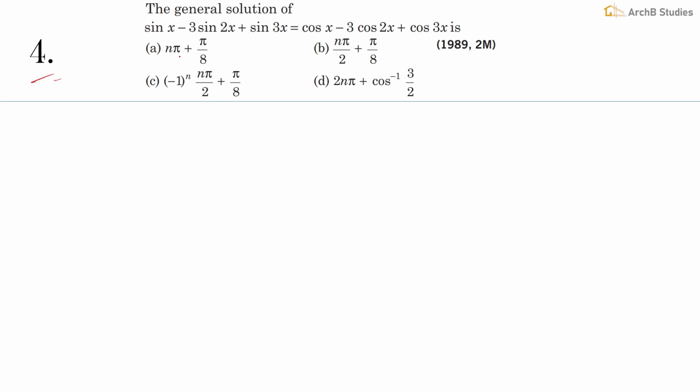Next question. The general solution of sin x minus 3 sin 2x plus sin 3x equal to cos x minus 3 cos 2x plus cos 3x is. So in this question we will use two formulas. One is sin a plus sin b, which is equal to 2 sin of a plus b divided by 2 into cos of a minus b divided by 2.